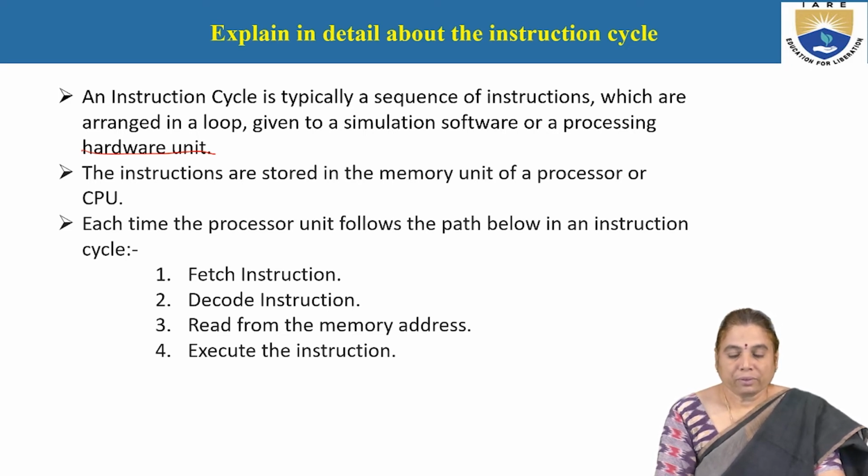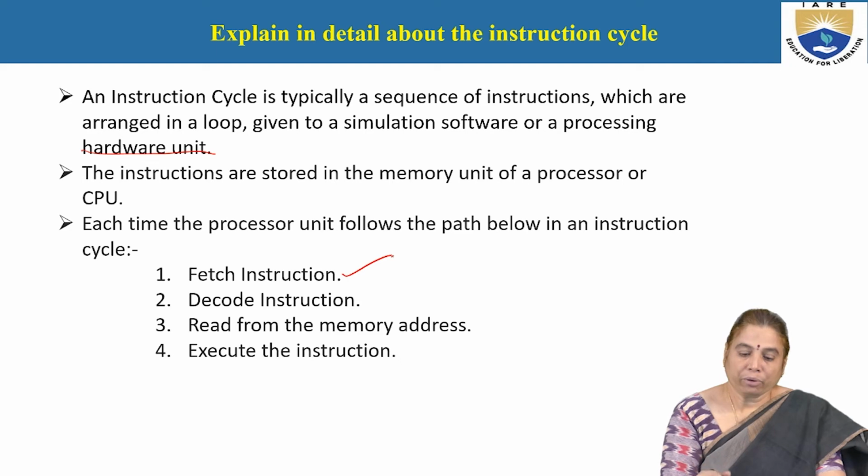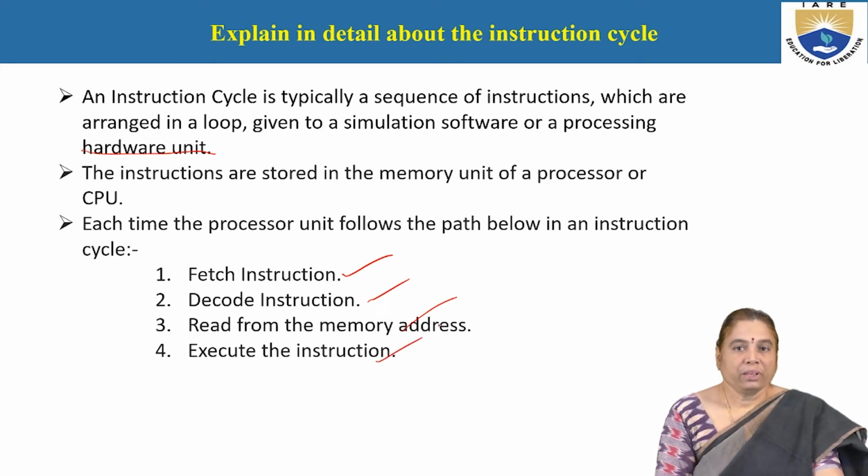Instructions are stored in the computer memory. Each time, the processor unit follows 4 basic steps for execution of the instruction: fetch the instruction, decode the instruction, read the memory addresses to get the operand value, and execute the instruction. These are the steps of the instruction cycle.